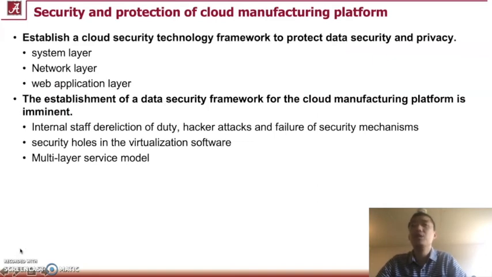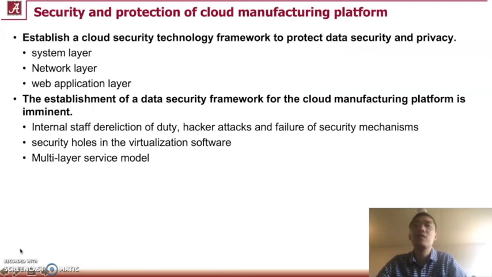Under the operation mechanism of the cloud manufacturing platform, user enterprises will outsource their data to the cloud platform service provider, and the cloud platform service provider gains priority access to the data.